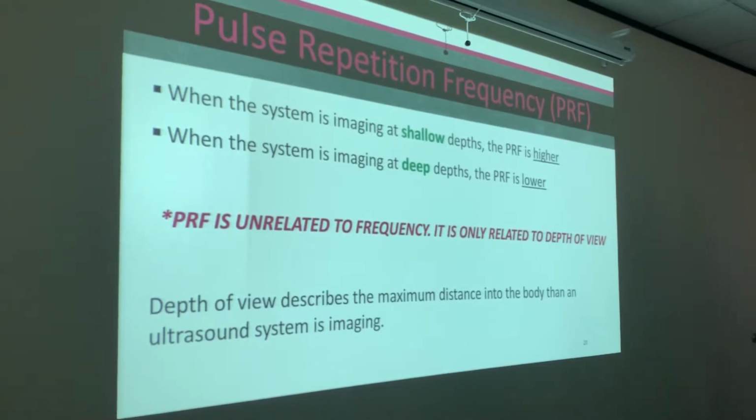When I'm imaging structures at deeper depths, the PRF is a lot lower, right? The frequency of those pulses per second is a lot lower because it's not able to send out the next pulse as fast, because it's listening for the signal to come back to the transducer.